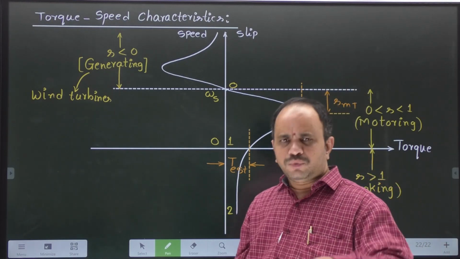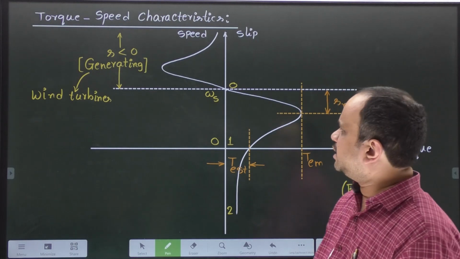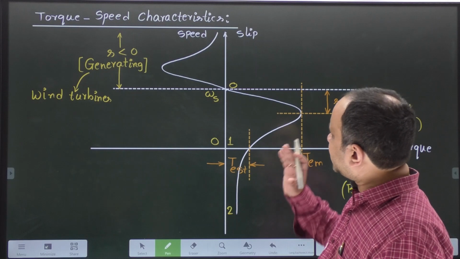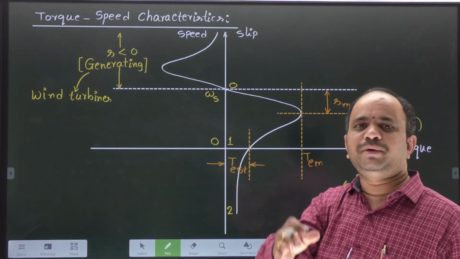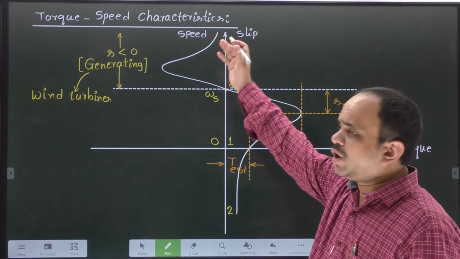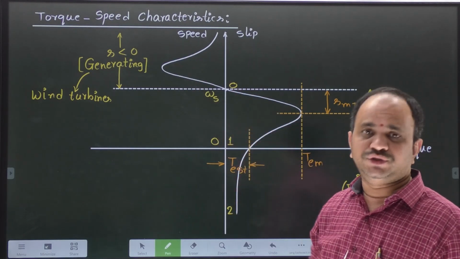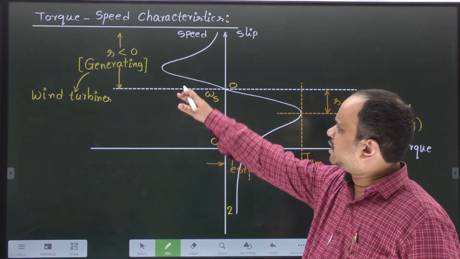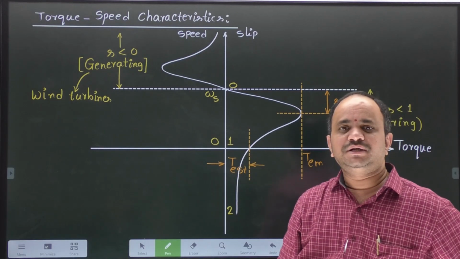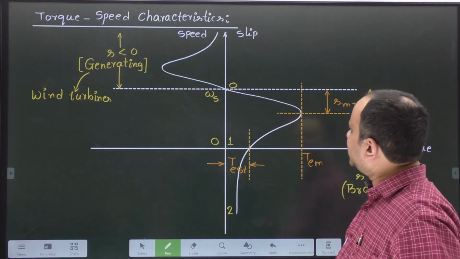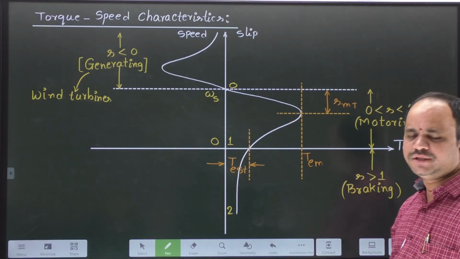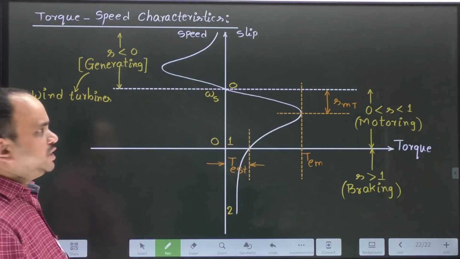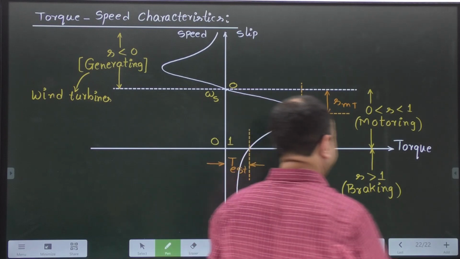Most of the generators are induction generators, basically variable speed generators. So when the induction machine is used in wind turbine applications, it will be operated with a slip less than 0. Slip is negative here. So in that case the machine will operate as a generator. Okay, so this is briefly the torque speed characteristics of induction machine.